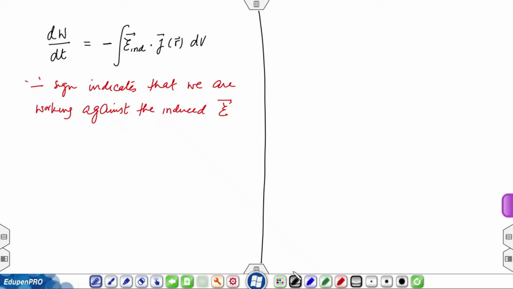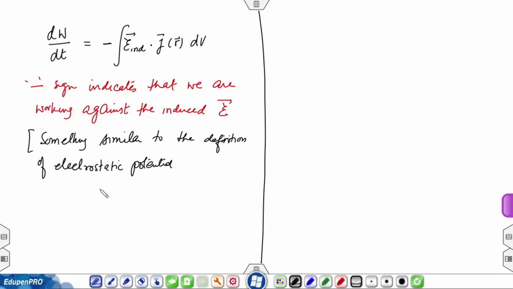Something similar to the definition of electrostatic potential, where we had the change in the potential equals minus E dot d L, because we were working against the electric field that existed and therefore pumped in energy.